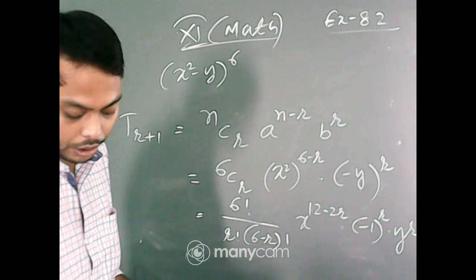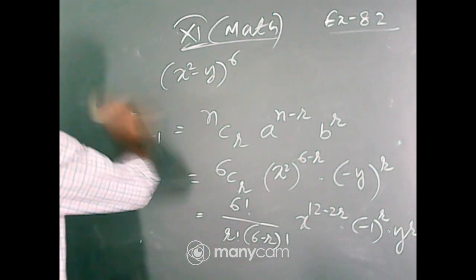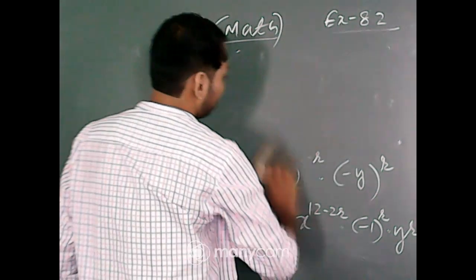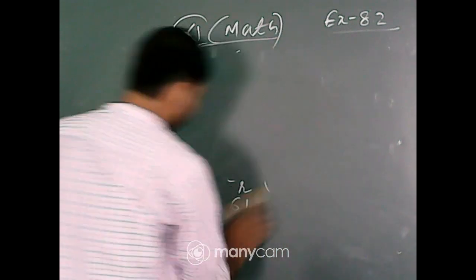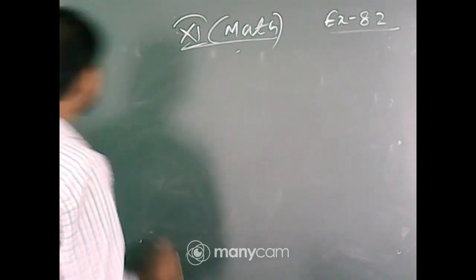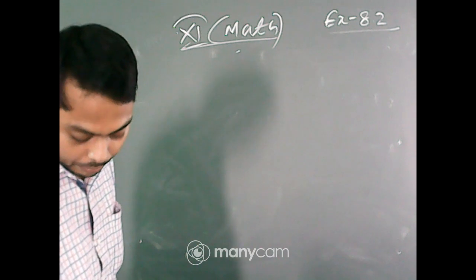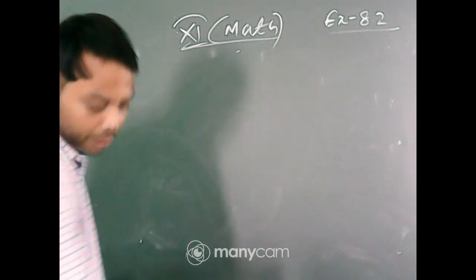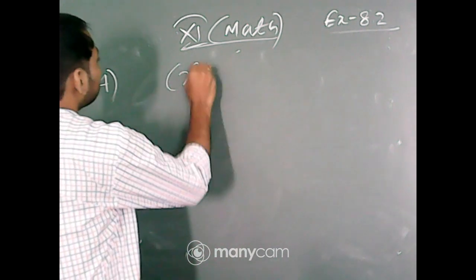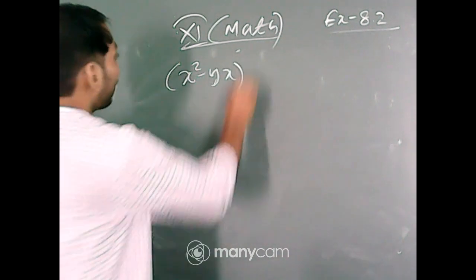Now move on to question number 4. Again, in question number 4, you have to write the general term of the expansion of x square minus yx to the power 12.